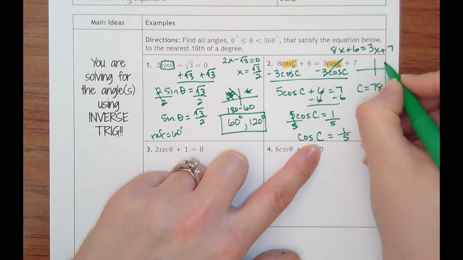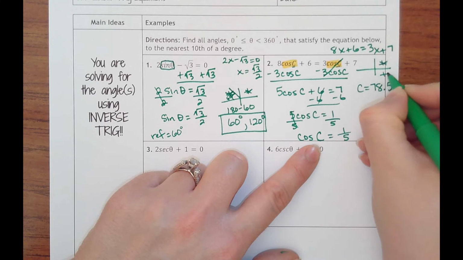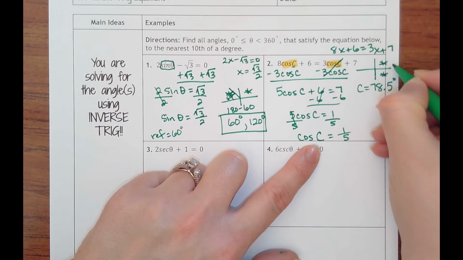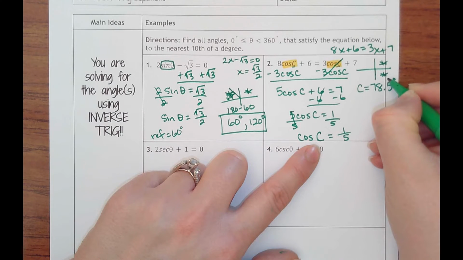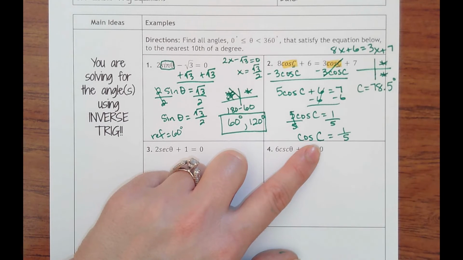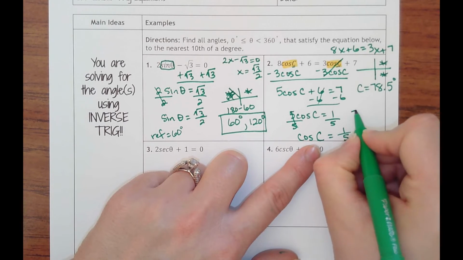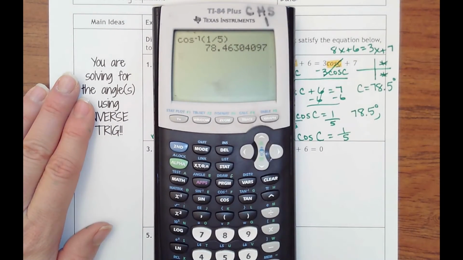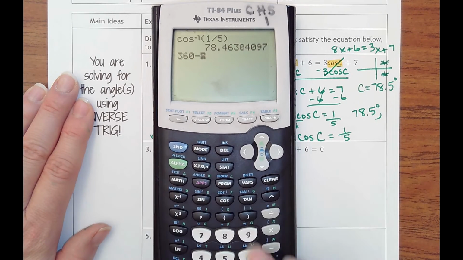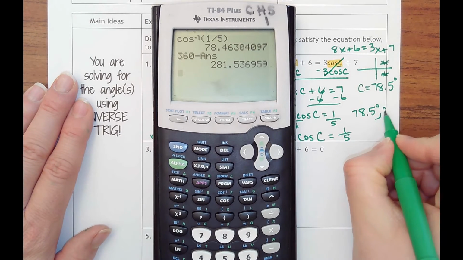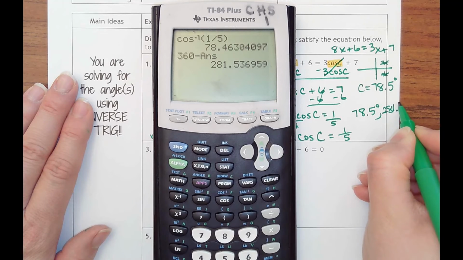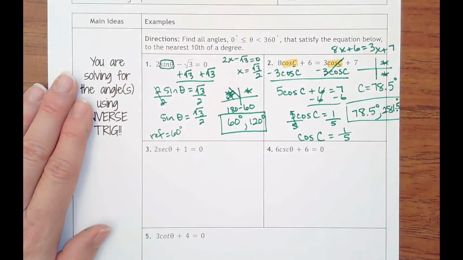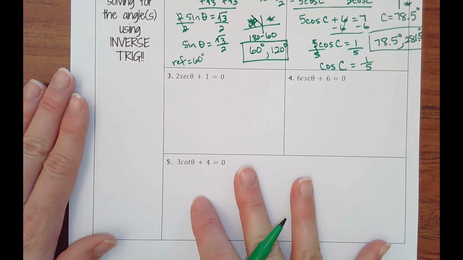X's are positive in quadrant 1 and quadrant 4. So this would be our answer here in quadrant 1. In quadrant 4, you're going to have to take 360 minus that. So we'll have 78.5 and 281.5. Okay, so 2 answers.